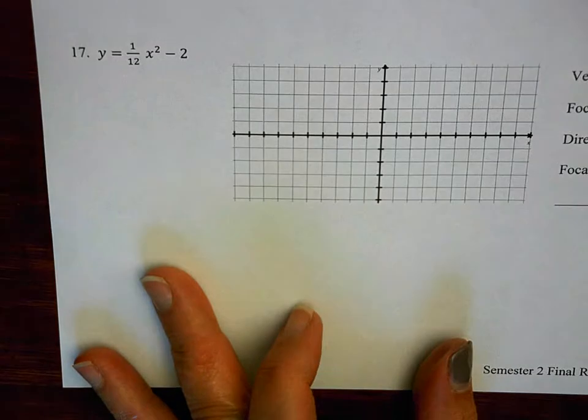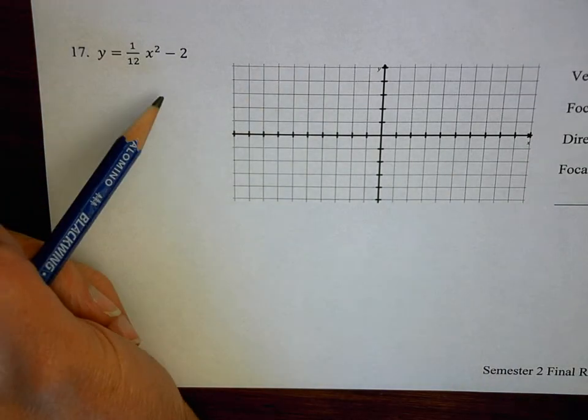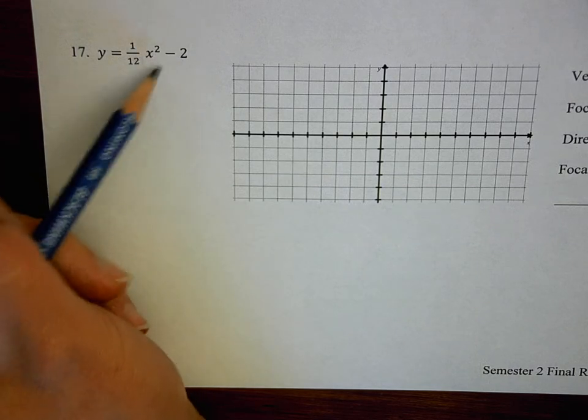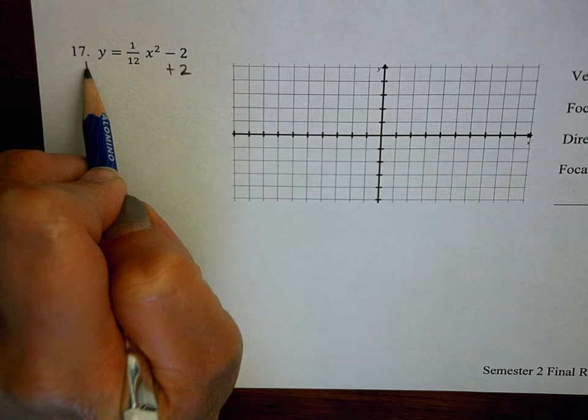So let's take a look at number 17. So to do 17, want to put this in the right format. So the minus 2 does not belong to the x because it's not grouped with the x, so I'm going to add it over to the y.